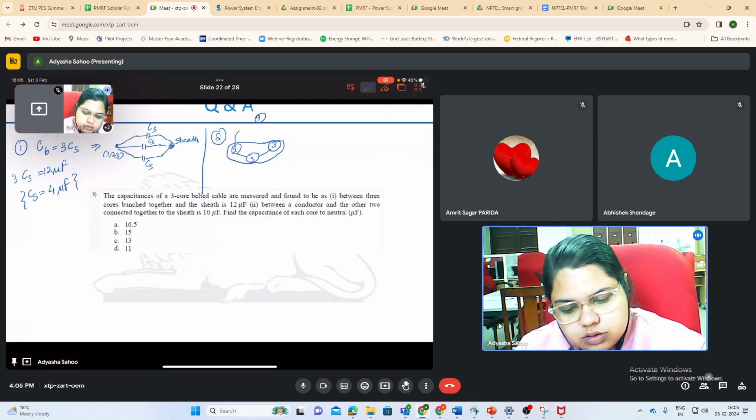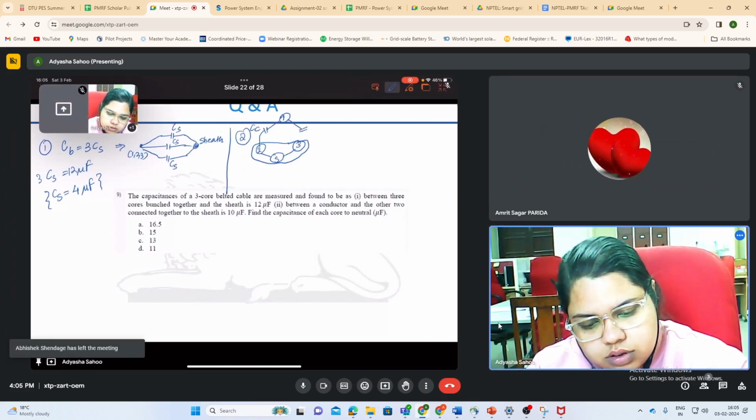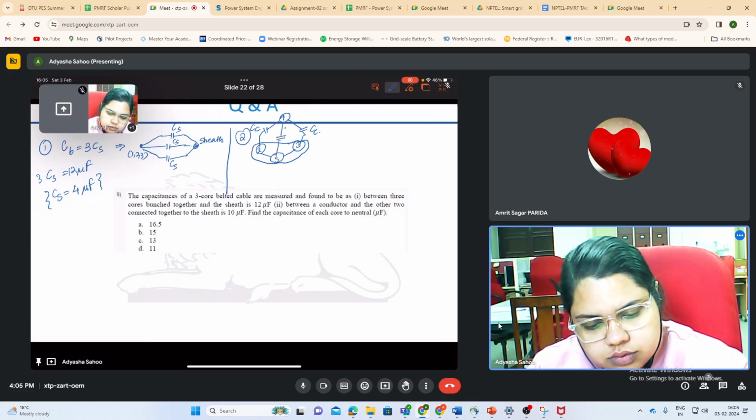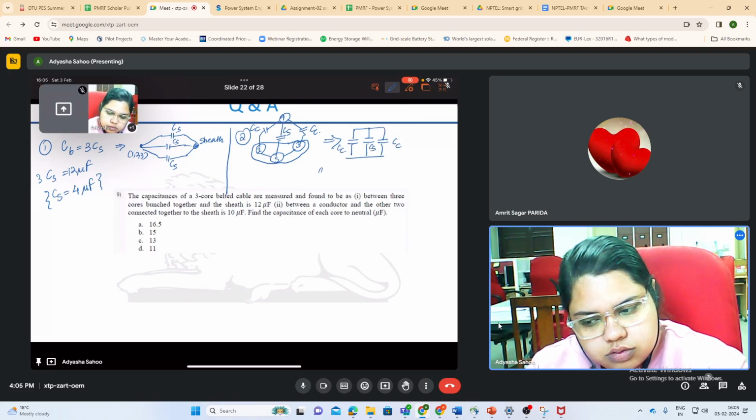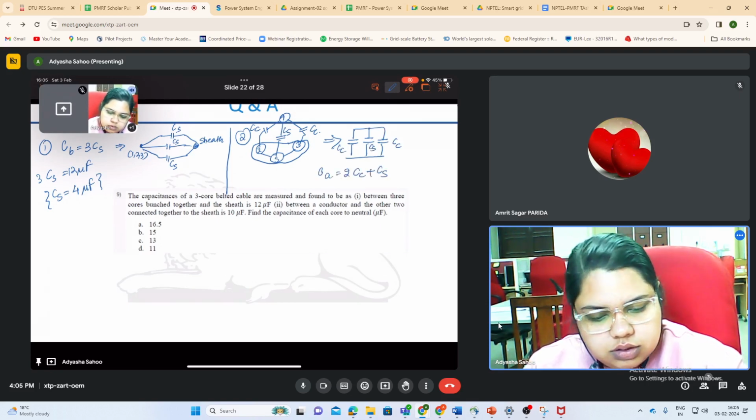Between here there will be Cc, here there will be Cc and one Cs. So this translates to 2 times Cc plus Cs.